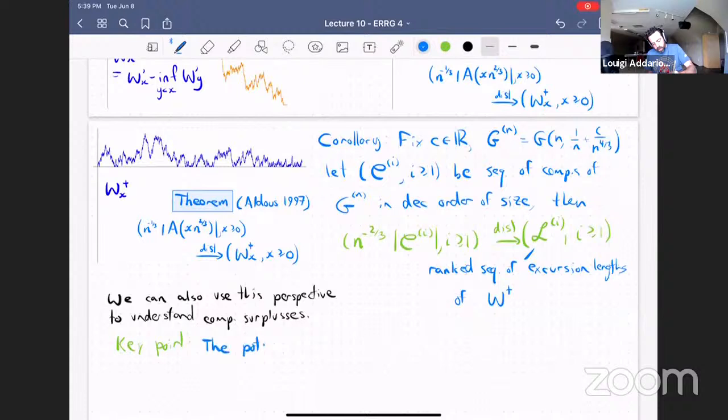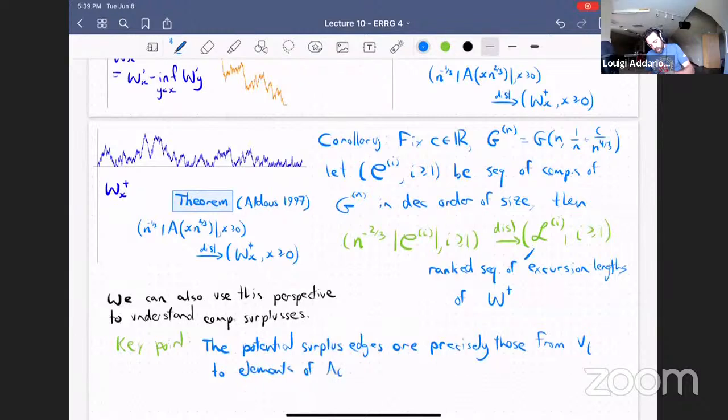So the potential surplus edges are precisely those from VT to elements of AT minus 1.